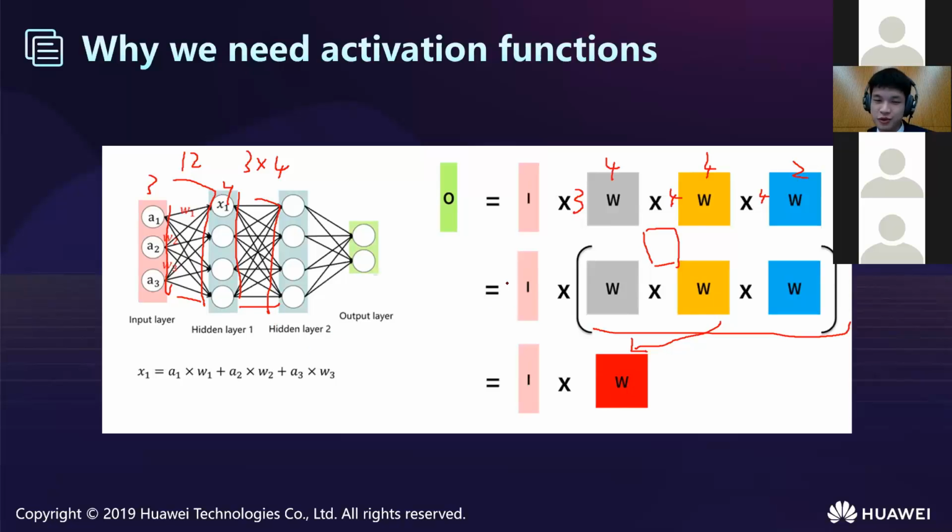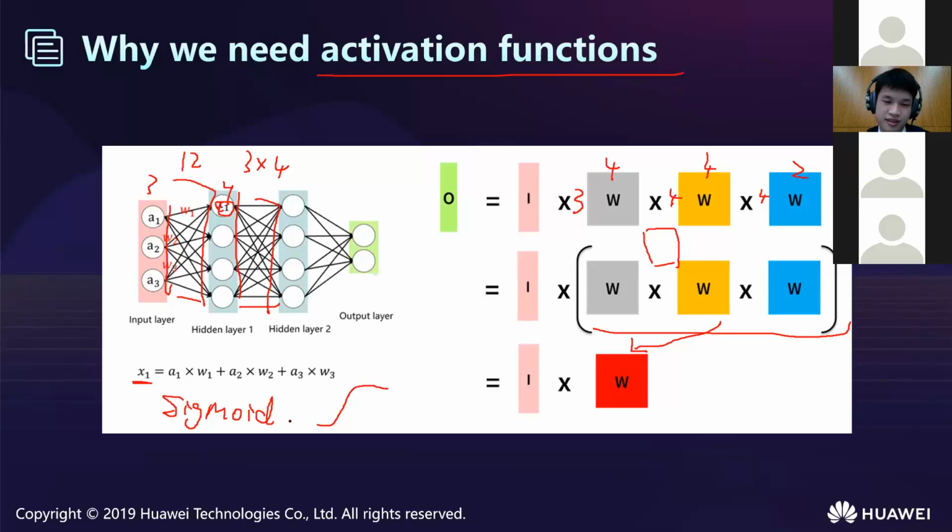So how do we solve this problem? We need to use activation functions. When we calculate the value of x1, the value of this new neuron, we put the value into an activation function, just like the sigmoid activation function.